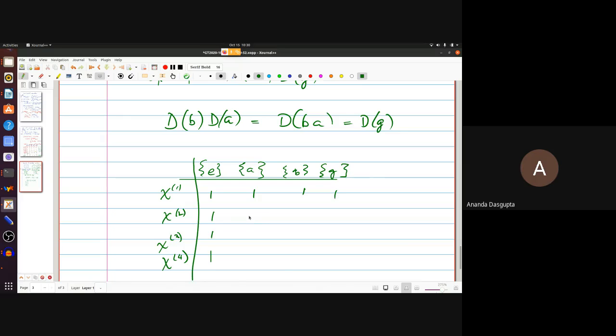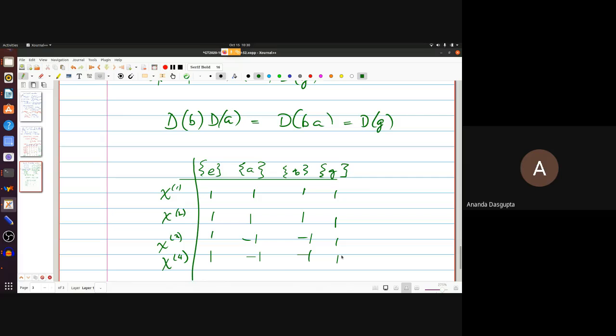So if you went by that, you would only have either both 1 or both -1. But if you do that, AB is G, right? So chi A, chi B has to be chi G. Remember, for 1D representations, characters are just group elements. So you will end up with this.